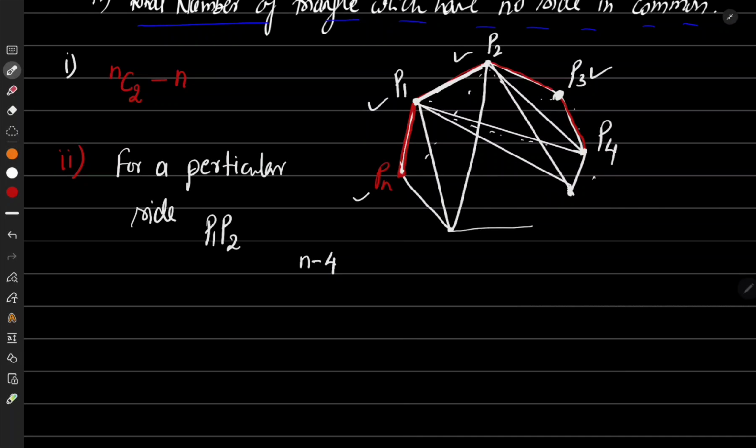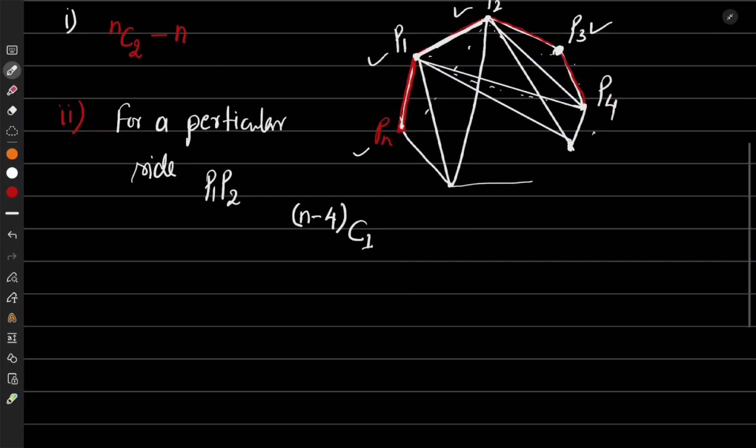choices. Out of n minus 4, you will say n minus 4 vertices are available. Out of n minus 4 vertices you choose any one vertex, corresponding to every choice one triangle will be formed. Correct or not?